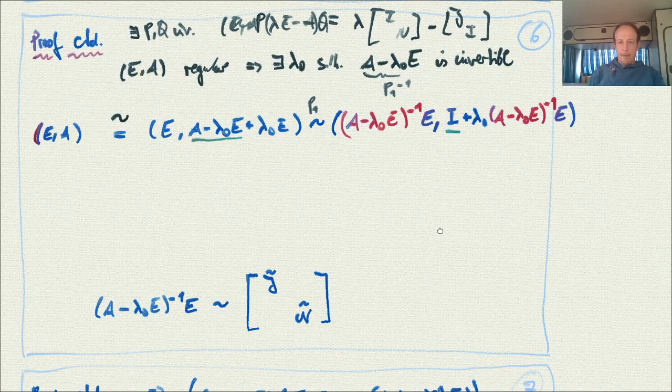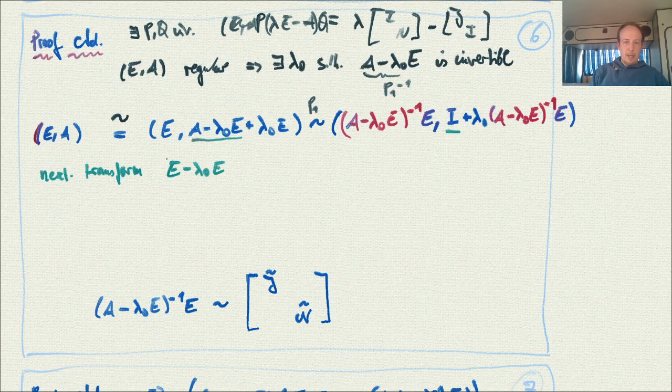Next, this is, so to say, the new E, and we want to transform A minus lambda 0 E to the -1 E to Jordan canonical form.